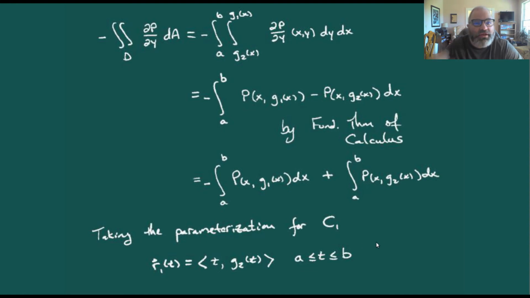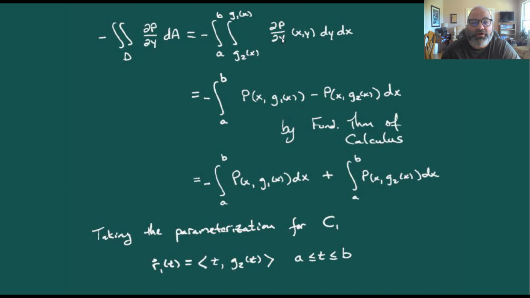Now, if we start looking at the double integral of the partial of P with respect to y dA, or rather the negative of that, we can calculate it pretty simply as the region between g2 and g1: the double integral from g2 up to g1, and a to b, of the partial of P with respect to y, dy dx.